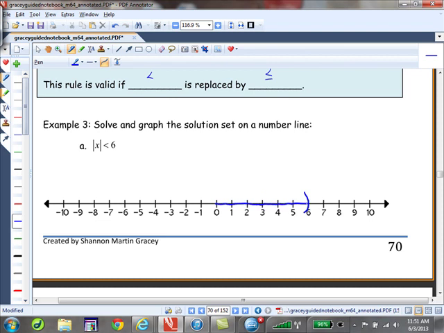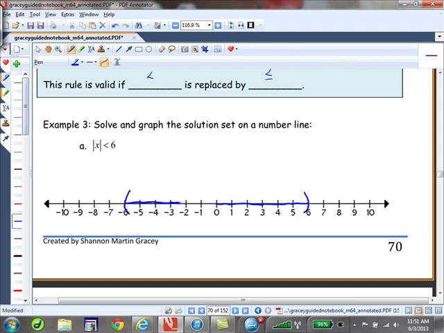Wouldn't they all work? Any of these numbers that you plugged in would be less than 6. Now looking at the negative side, if we tried -1 for x, the absolute value of -1 is +1, so that works. In fact, everything works until you get at or beyond -6. Just try -7. Absolute value of -7 is +7, which is greater than 6.